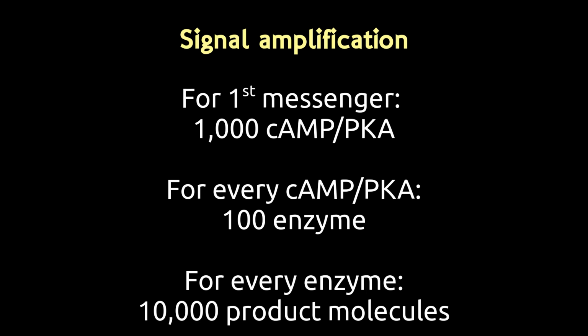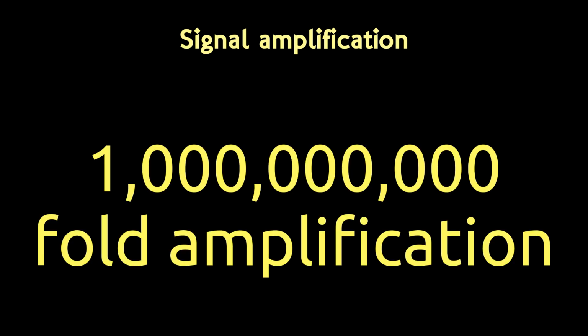What this means, if you multiply this out, is that we have 1,000 pKas, which are each going to make about 100 enzymes, which are each going to make about 10,000 product molecules. This means you have about a billion-fold amplification. Wait, did I do that right?